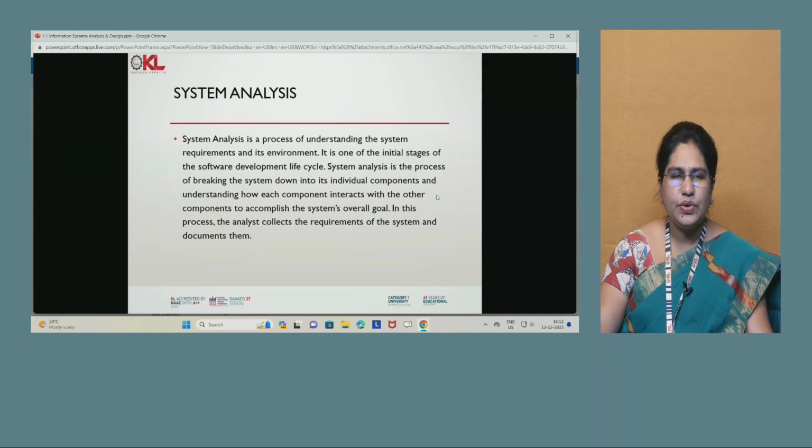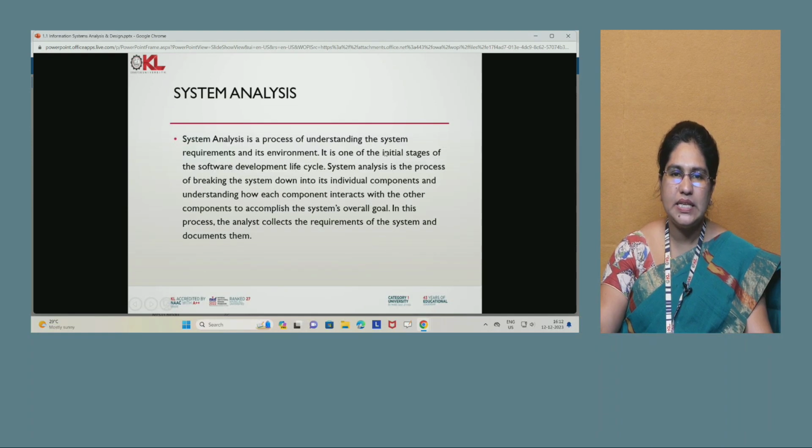As we discussed earlier, this is the first stage of the software development life cycle, the initial stage, the analysis phase. In this process we break the system down into individual components and understand how each component interacts with the other components.